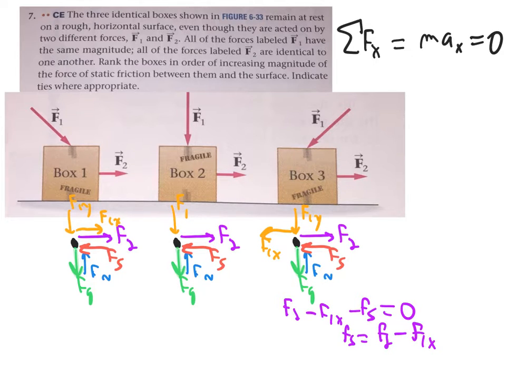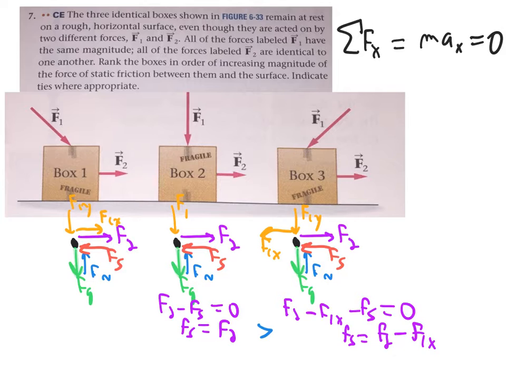And over here, for box 2, we're just going to have F2 minus Fs equals 0. So Fs has to be F2. And already we can see that that's greater than case 3, because case 3 is case 2 minus some number. I don't know what the number is, but it's minus that number, so it must be smaller than case 2.